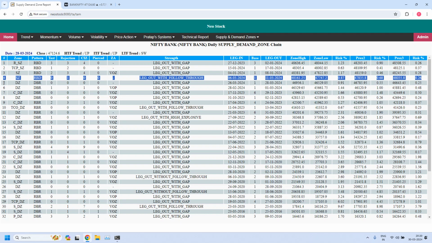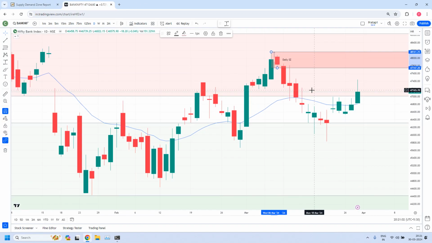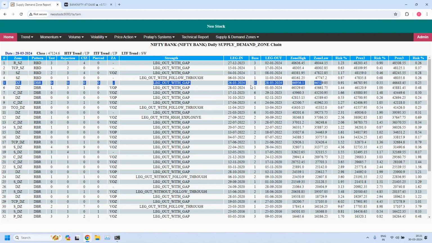Okay, the immediately available demand zone is item number 5. This is 26th March and 28th March.